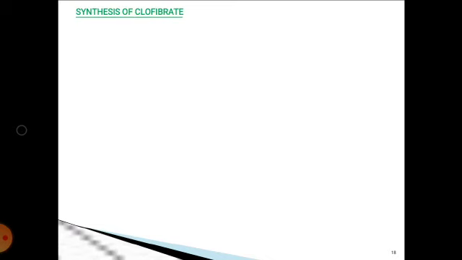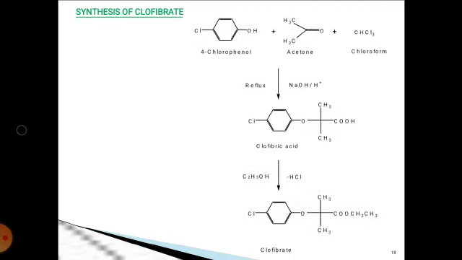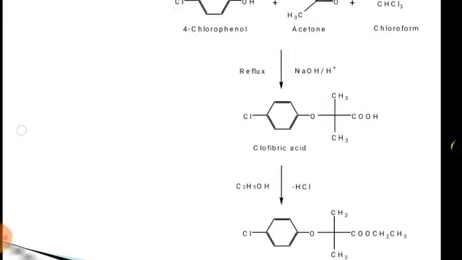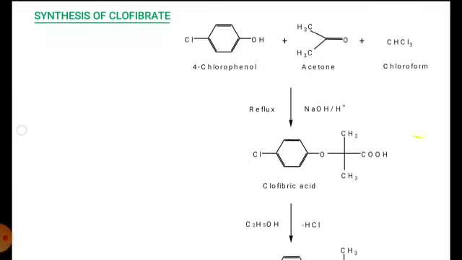Coming to the synthesis. So in the synthesis part, we are studying the synthesis of clofibrate. This is the simple synthesis of clofibrate, which involves basically three important starting materials, that is 4-chlorophenol, acetone and chloroform.